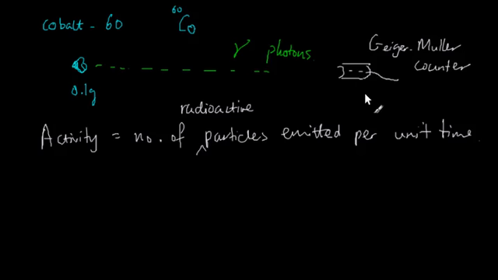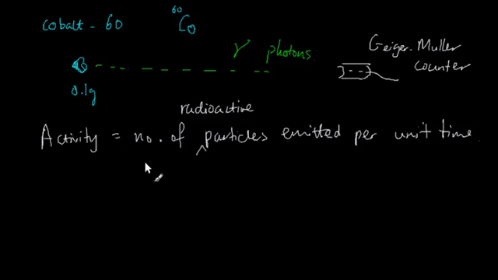So from this measurement, suppose that we think about measuring this at regular intervals. Now let's say we measure it every 1 minute. Right? Let's say we get the counter to count how many particles are coming out every minute.